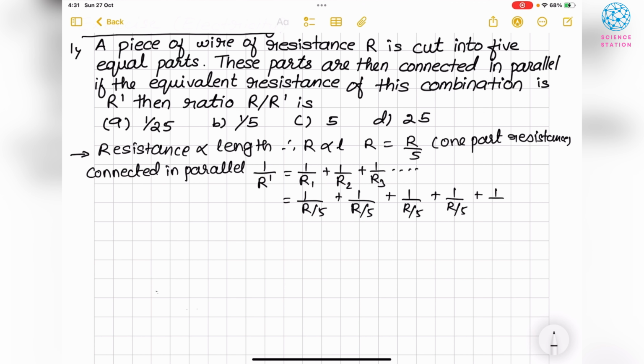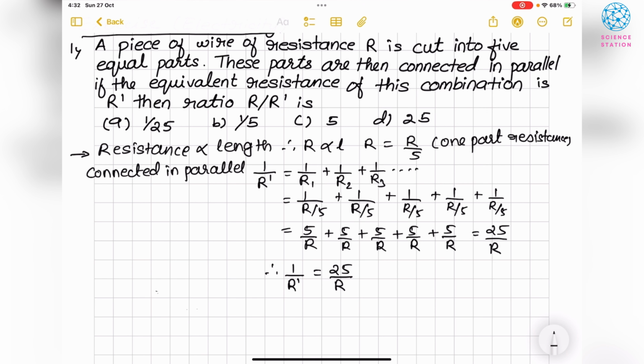So if I take the reciprocal, it will be 5 upon R plus 5 upon R plus 5 upon R plus 5 upon R plus 5 upon R. So that will come as 25 upon R. Therefore 1 upon R dash equal to 25 upon R.